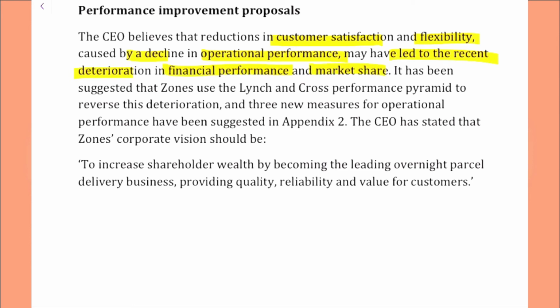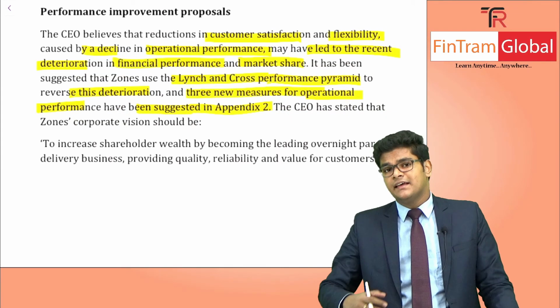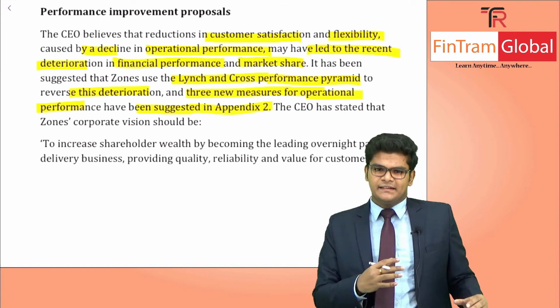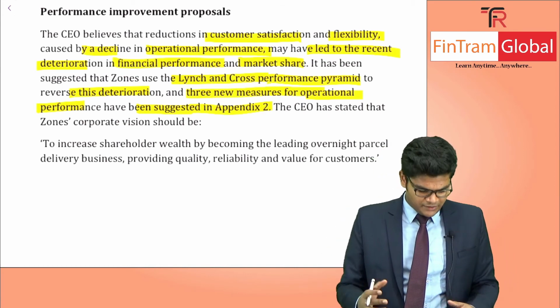It has been suggested that Zones should use the Lunch and Cross performance pyramid to reverse its deterioration, and three new measures for operational performance have been suggested in Appendix 2. Okay, so we don't necessarily have to comment on the new performance measures for this particular requirement. That's relating to another requirement. Okay, guys, this is just an extract.